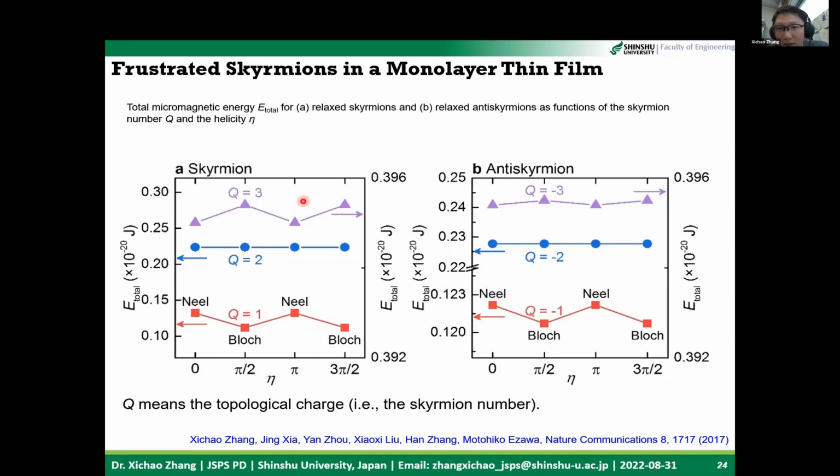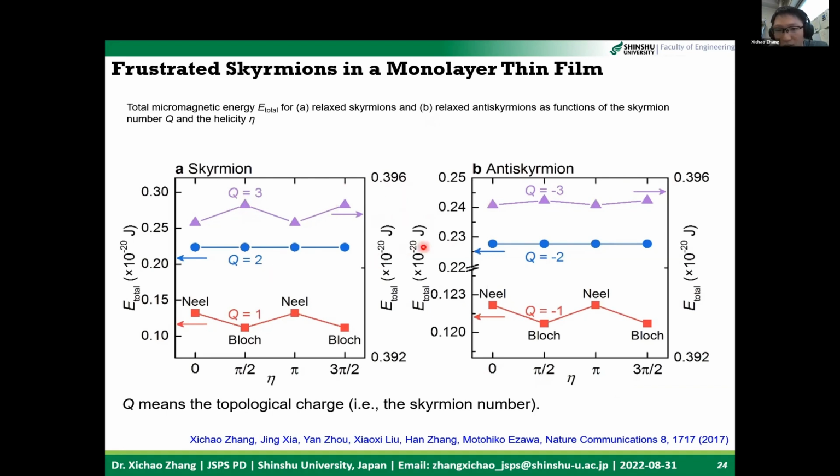So we continue to study the energy of skyrmions as a function of the helicity number because the helicity is an important degree of freedom in the frustrated skyrmion system. In previous published reports, the skyrmion energy doesn't depend on its helicity in the absence of dipole-dipole interactions.